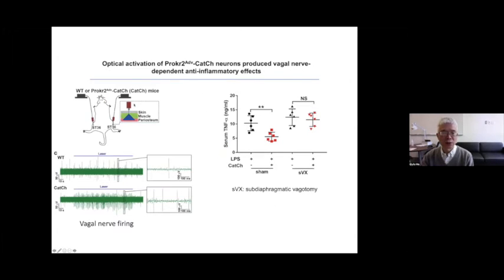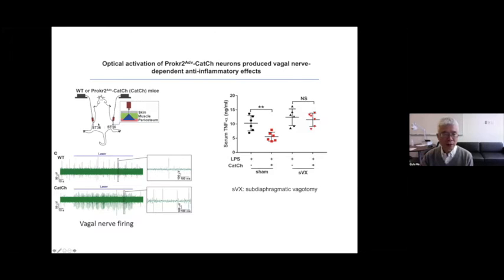And we can also use the genetic trick to do a gain-of-function study. We introduce channelrhodopsin gene expression only into those Prokr2 sensory neurons. Now we can insert the optic fiber into the ST36 region. It's almost like optoacupuncture. And with this optical stimulation, this group of sensory nerve fibers can sufficiently activate and drive the vagal nerve and a vagal reflex, by electrophysiology recording, vagal nerve recording.